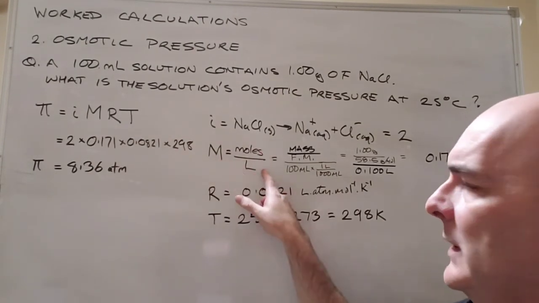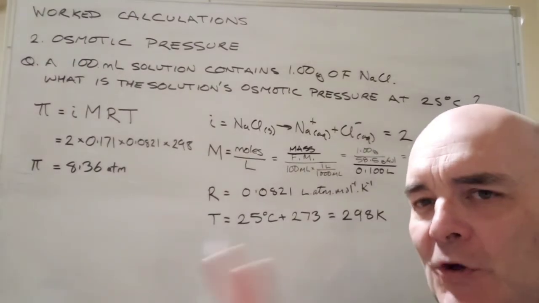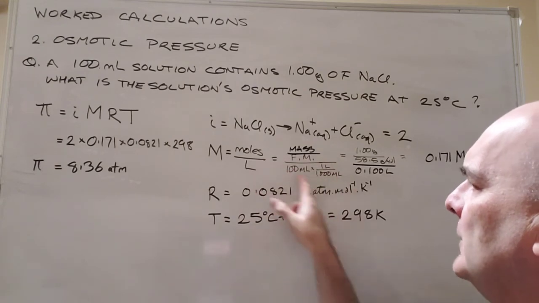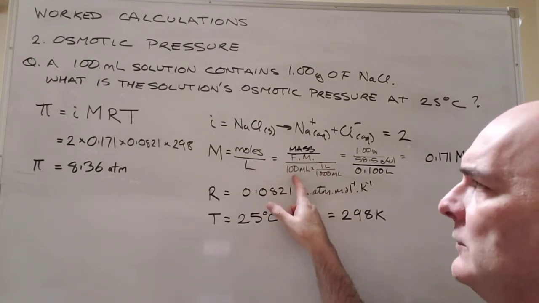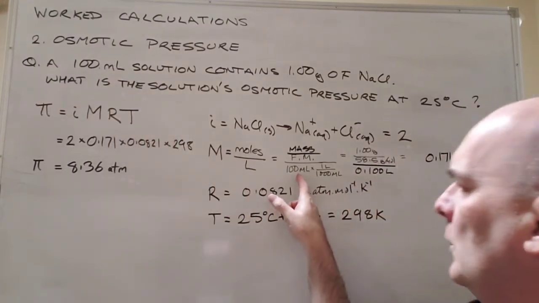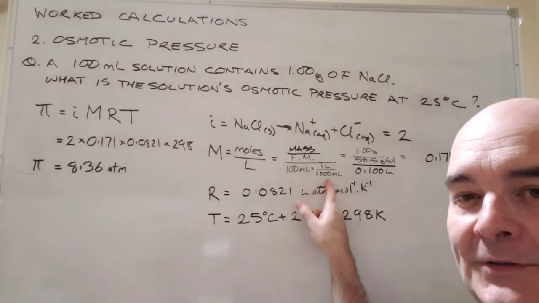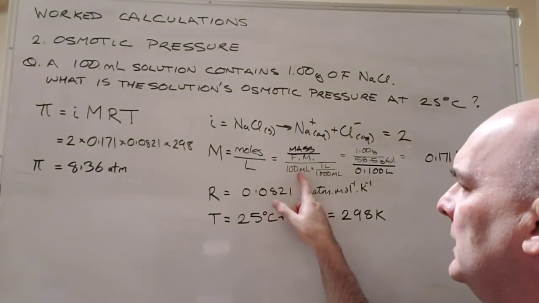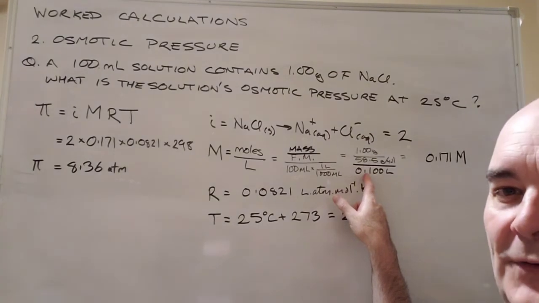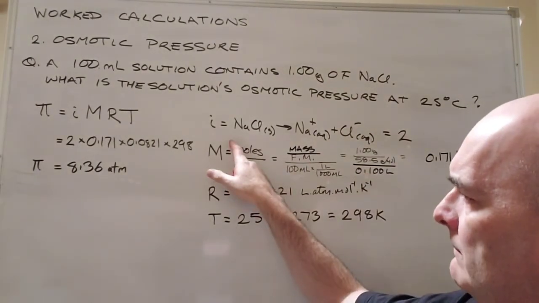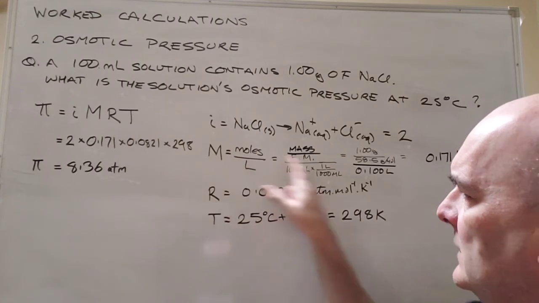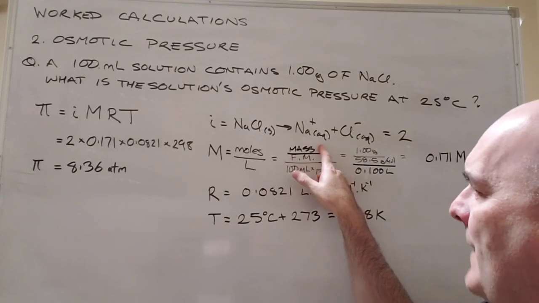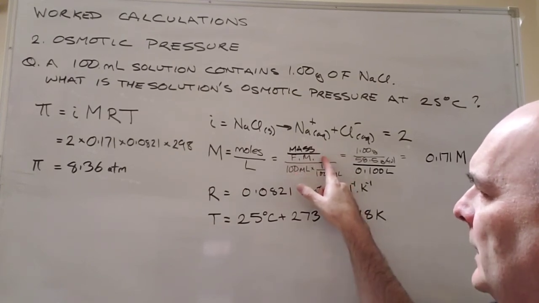M is moles per litre. So I need 2 things to figure this number out. I need, on the bottom line right here, that I have 100 milliliters in the question, while there are 1,000 milliliters in a litre. So my 100 milliliters is 1/10 of a litre. And molarity is moles per litre. So I've got my number of litres calculated. Now moles is mass divided by formula mass.